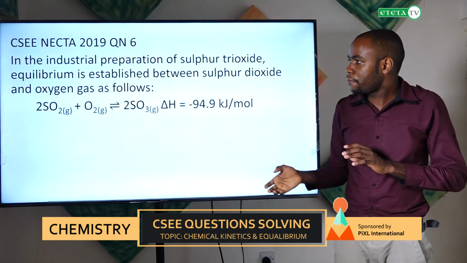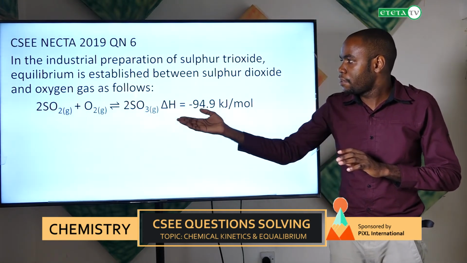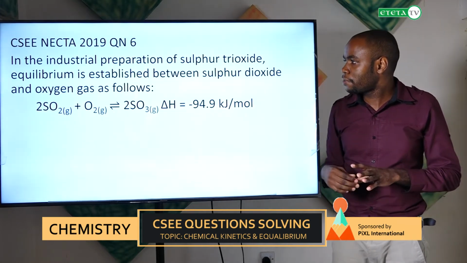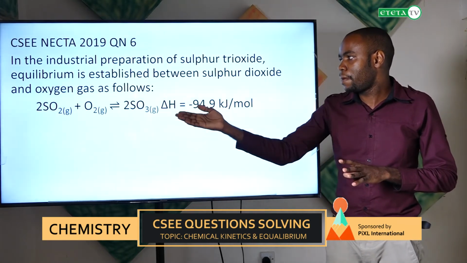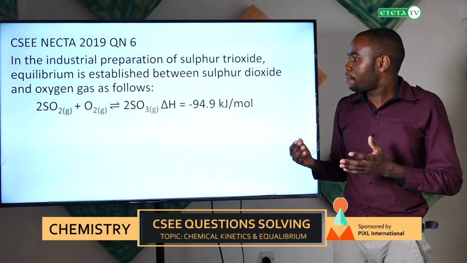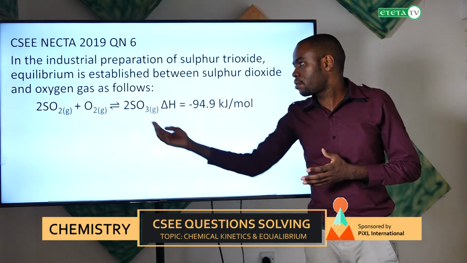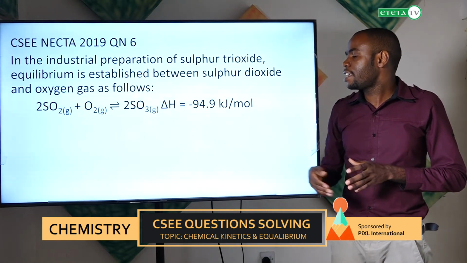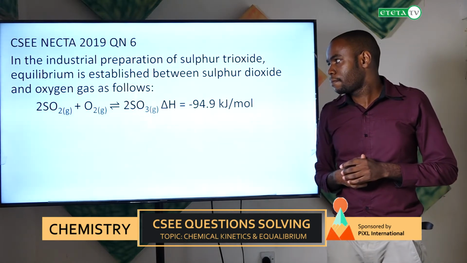From the reactant, we have sulfur dioxide and oxygen, so the number of moles is 2 plus 1, which is 3. But for the side of sulfur trioxide, which is the product, the number of moles is 2. So you have 3 moles of reactant and 2 moles of product.